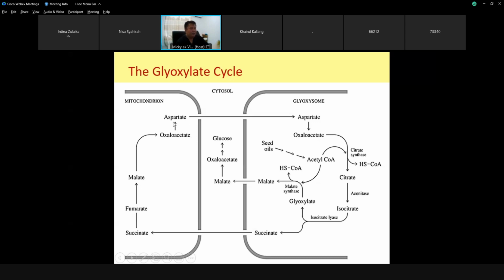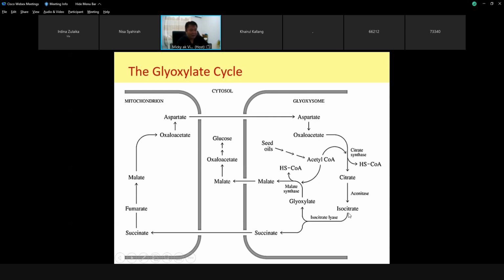Only that in the glyoxysome, this is where the normal Krebs cycle happens in the mitochondria. But in the glyoxysome, the citrate produces isocitrate, 6 carbon.